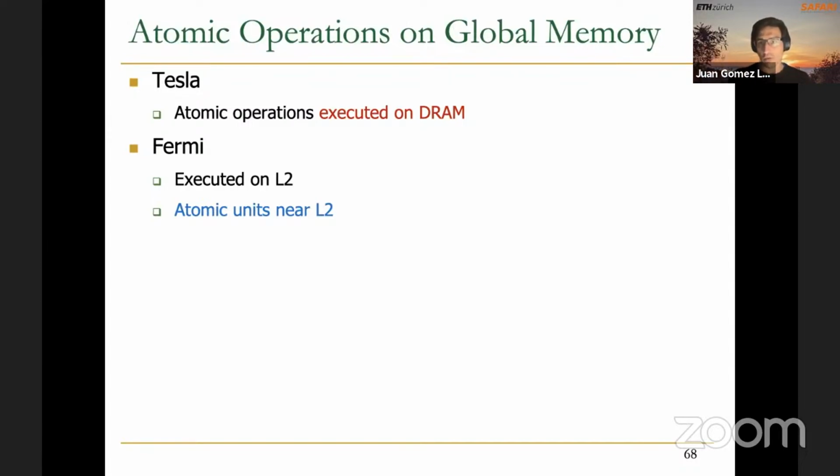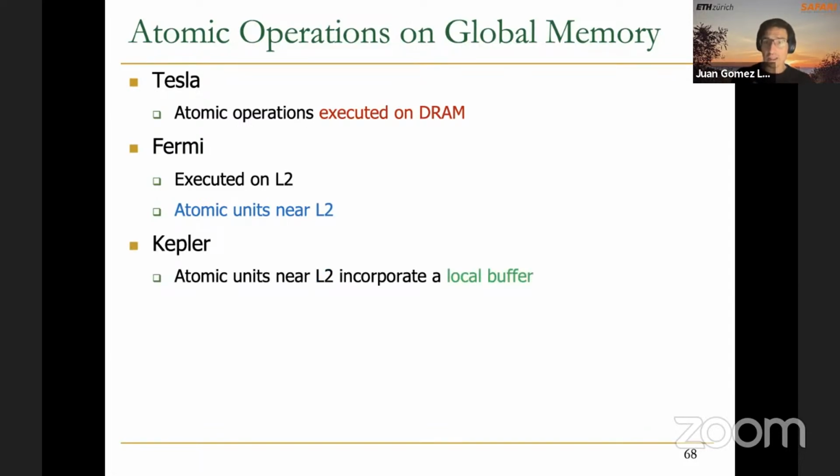You can place some small atomic units near the L2 to perform the atomic operations faster. But still, the performance wasn't amazing for the global memory atomic operations in Fermi. So these atomic units were improved by incorporating some local cache or local buffer to store partial results and accumulate faster when executing the atomic operations.